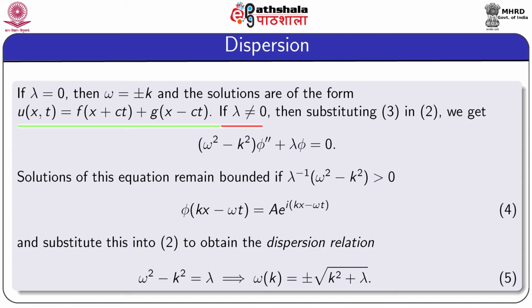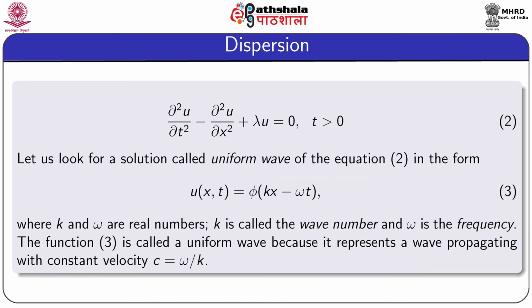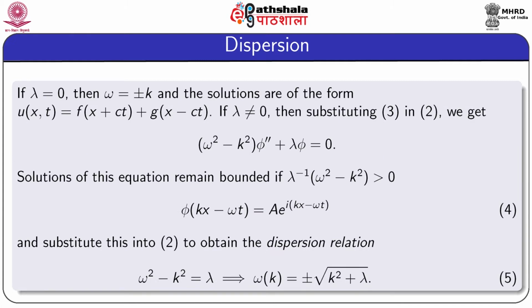Now, if λ is not equal to 0, then if we substitute 3 in equation 2, it will give an equation (ω² − k²)φ'' + λφ = 0, where φ'' represents the derivative of φ twice.